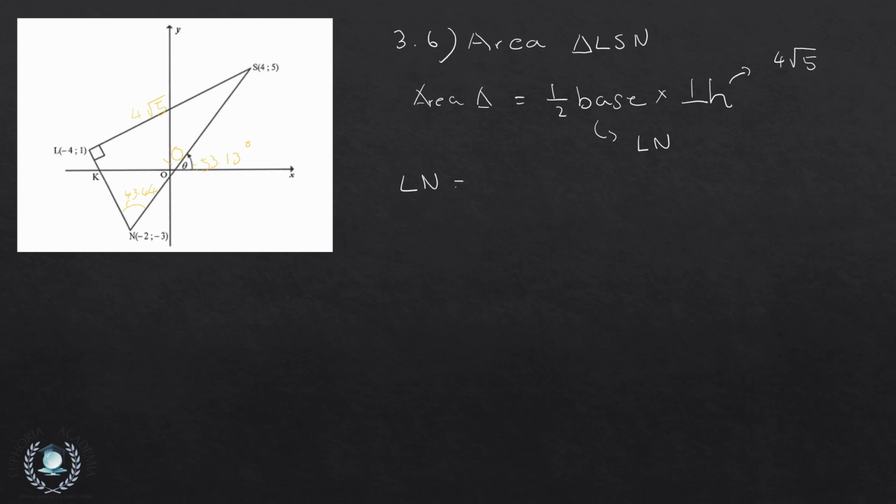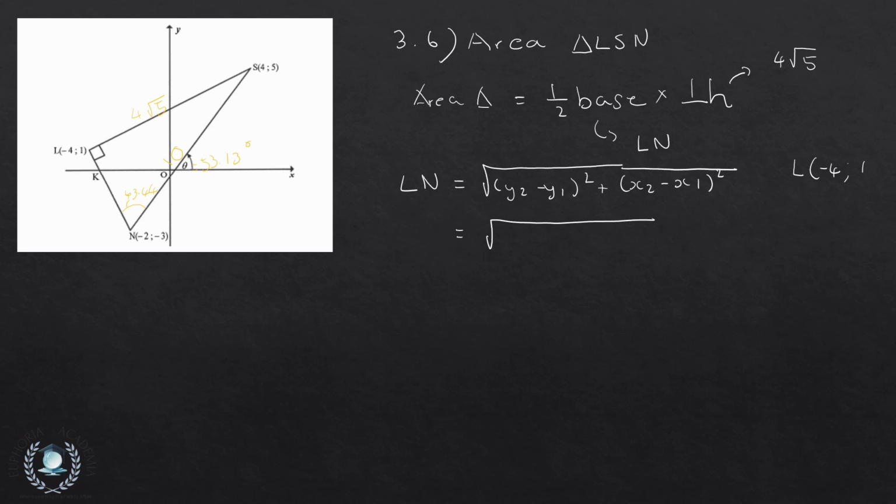So for that, we're going to use the distance equation. Going to say y2 minus y1, that will be squared, and that should be added to x2 minus x1 squared, and we're just going to substitute whatever we have. So just to recap, our coordinates for L are (-4, 1), and for N the coordinates will be (-2, -3).